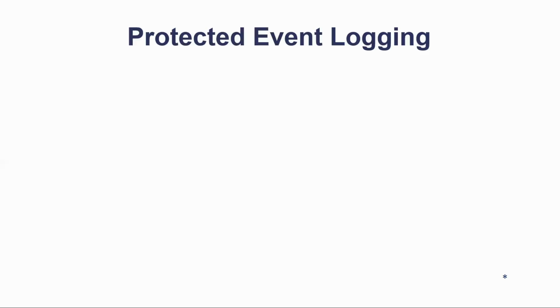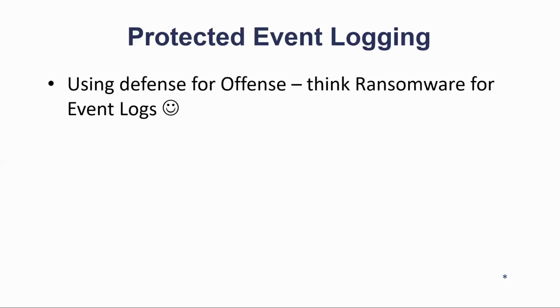I've been thinking, a while ago, I had some thoughts about this protected event logging, and I thought, why not use the defense for offense? So I was thinking ransomware for event logs. What I do in my engagements is, the first moment I have a local admin, I write this certificate and use it to change that HKLM key.